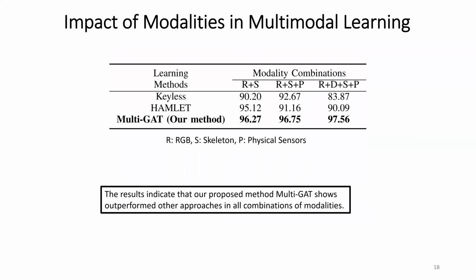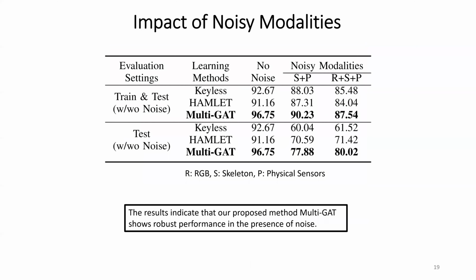We also conduct this experiment with several modality combinations, and in all of these combinations, our proposed Multi-GAT achieves improved performance. Most importantly, we conduct this experiment in the presence of noisy modalities, in two evaluation settings. In the first, we introduce noise both in the training and testing time.